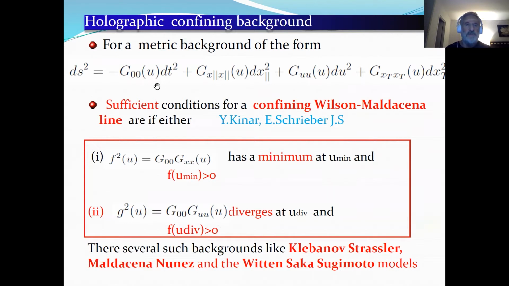The first one is if G00 times Gxx, this function, which I call here f squared, has a minimum and its value at the minimum is greater than 0. The other one is if this quantity G00 times GUU has a point where it diverges and still this function f at this point is positive. Then it is confining. It will have a linear behavior.